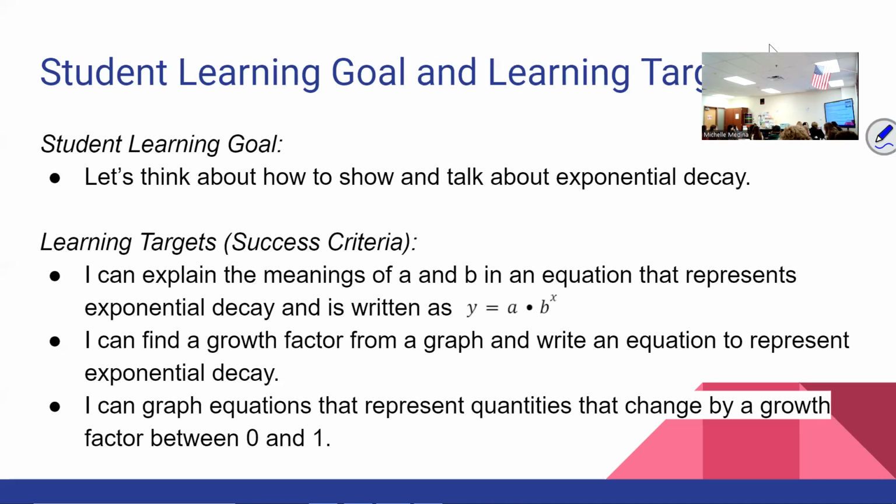So being able to explain the meanings of A and B, we just covered that in the warm-up. A is your initial amount, B is your common factor in your exponential function. Also being able to find the growth factor from a graph and writing it in an equation. And graphing equations that are exponential decay.